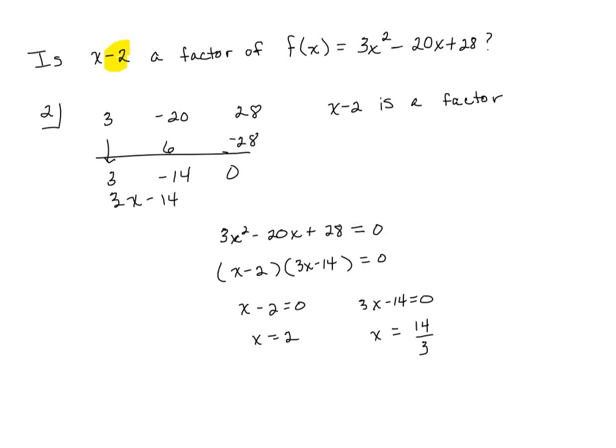So these two numbers, the 2 and the 14/3, are zeros of this function. That means that when I put 2 in place of x, I end up with a value of 0. If I put 14/3 in place of x, I end up with a value of 0. So these are my zeros of the function. When I graph, I'm going to have the graph crossing the x-axis at 2 and 14/3.